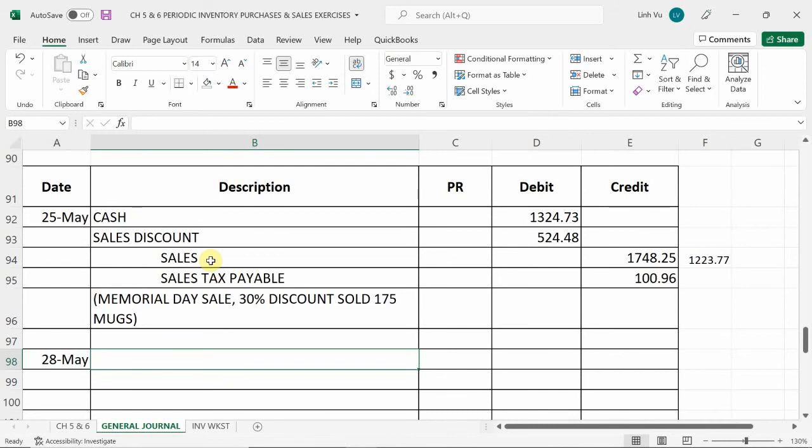Accounts payable? Not accounts payable. He did not pay. He's not owing the vendor money. Remember, accounts payable is when we owe the money.